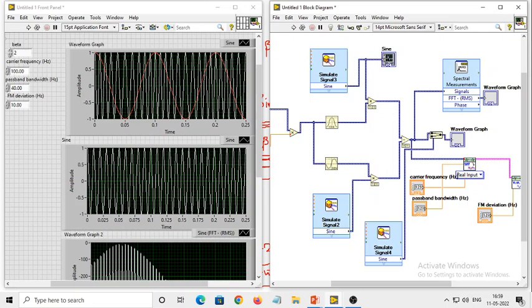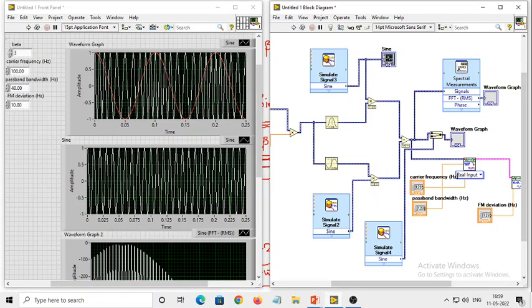So now you can see the red one is your message signal and the white waveform is your FM modulated signal. So let me increase this so that you can clearly see the impact. We already know that whenever the message amplitude is maximum, you have the maximum frequency, and whenever the message amplitude decreases, the frequency of the carrier signal will decrease.